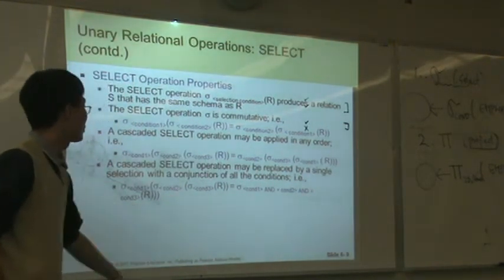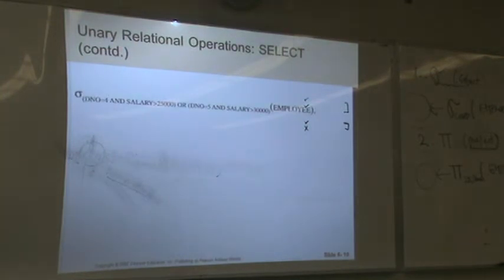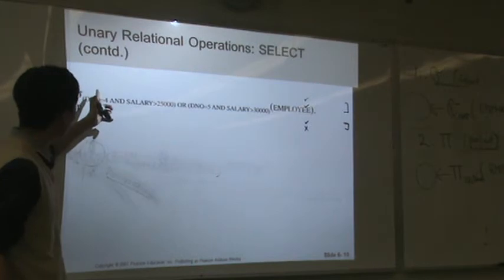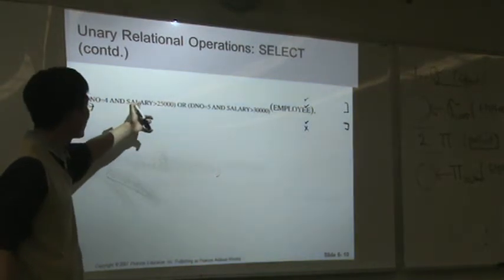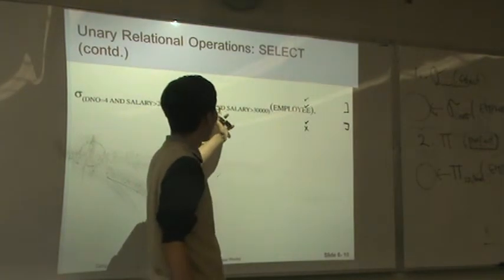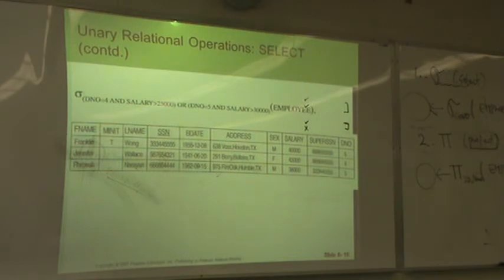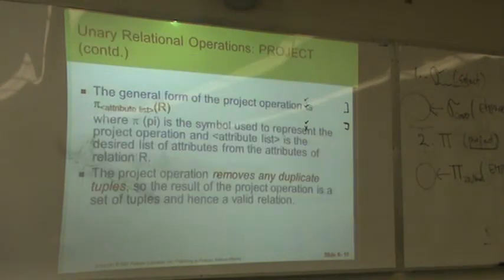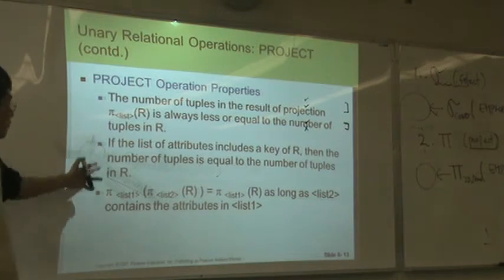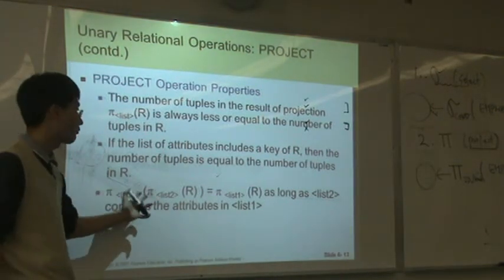Also it allows the conjunction of all conditions. So this is DNO, the department number, 4 and salary higher than 25,000, or department number 5 and salary higher than 30K. Then it will return like this. Then project: we can use the project operation, and project allows such a list. You can combine them, it doesn't matter.